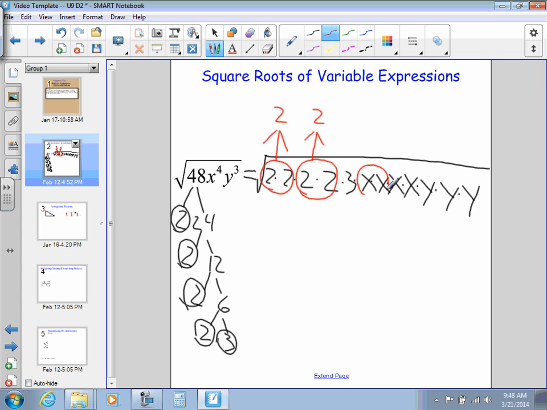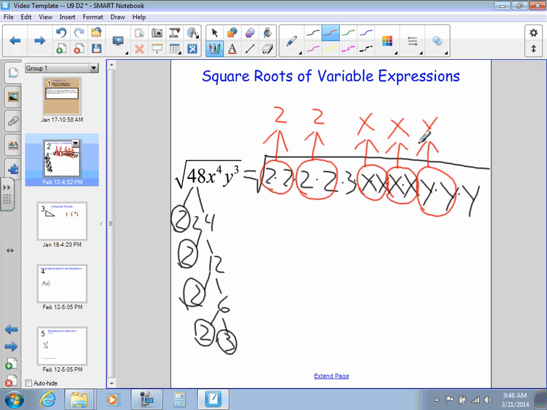We have a set of x's here, so its square root is x. Another set of x's, its square root is x. A set of y's, so its square root is y. And then we have a y left inside of the radical. So let's take a look at it.